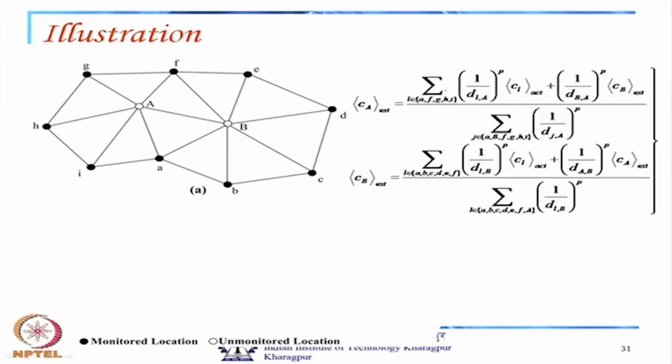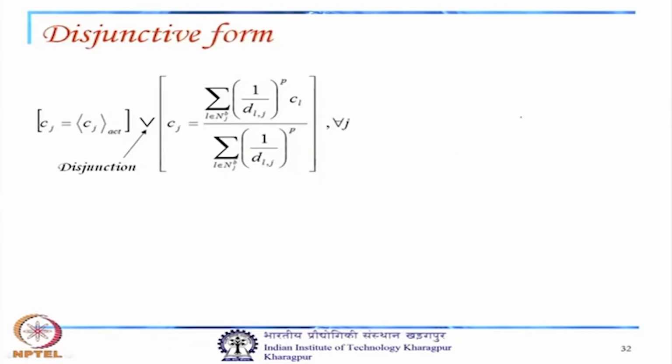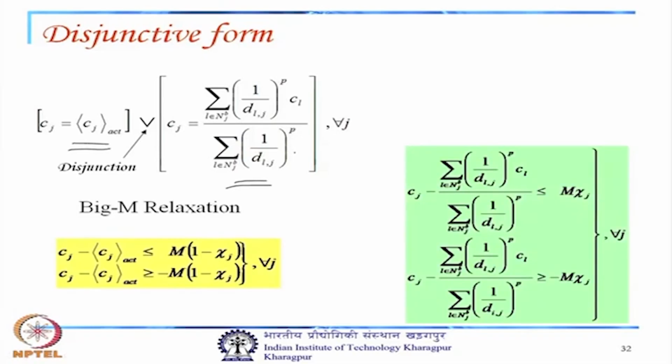So these two equations will act as constraints in our optimization model, because these two variables are unknown. We can write it in disjunctive form: if a well is monitored, then we have the actual value, otherwise it should be based on the neighborhood concept, that is, we get the estimation from the neighboring points.